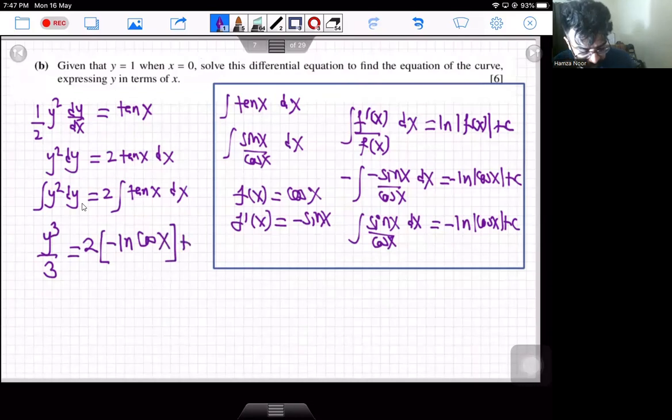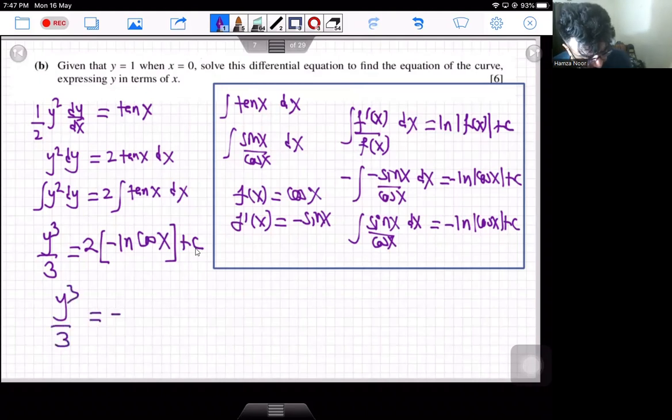The usual practice is to add c on the right hand side. Since we are solving a differential equation, you don't need to add c on both sides. So y cube over 3 equals minus 2 ln cos x plus c.